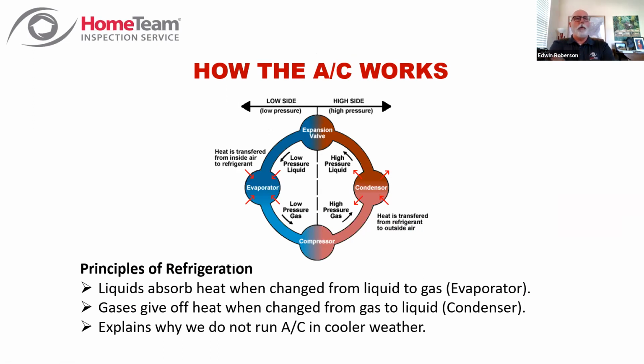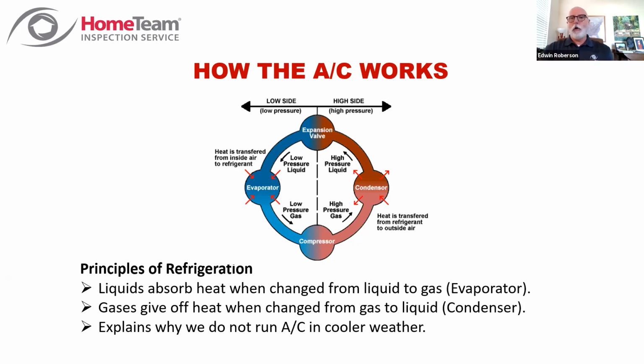So conceptually, real quick, without it getting so technical that it's too boring, to give you an idea how the air conditioning system works. What you're doing with refrigeration is removing heat. You're absorbing heat from the room into the refrigerant that's passing through the coil.